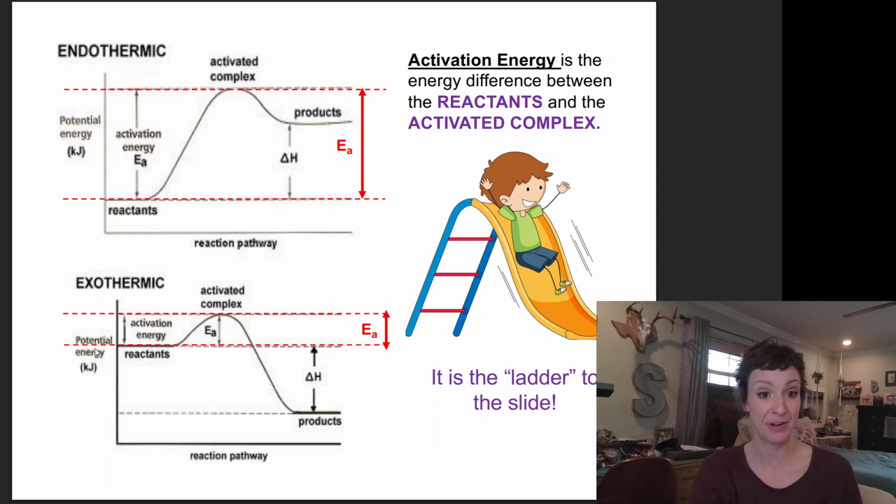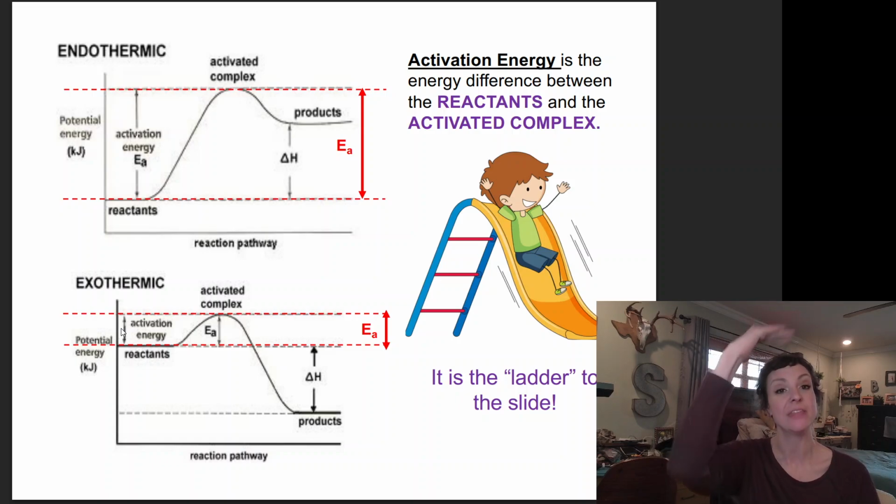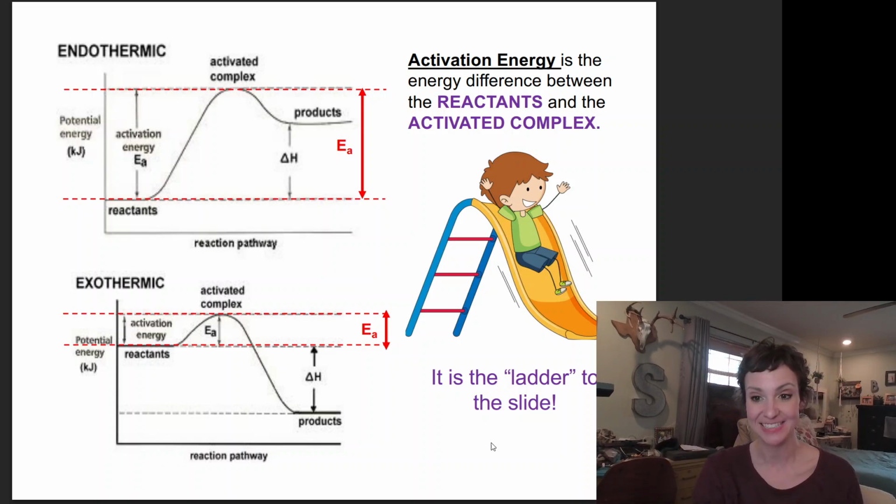Versus in an exothermic reaction with a little short ladder, the exciting slide, that distance is not very big at all, right? But for both of them, no matter what type of reaction, when I'm measuring activation energy, it's the energy difference between your reactants and the top, the activated complex.